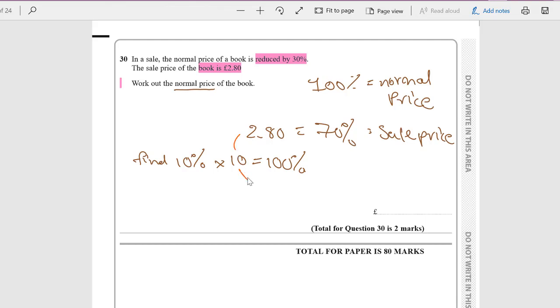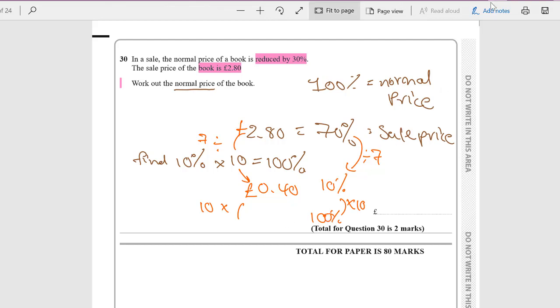So what we can do is we say £2.80. So I'm gonna divide by 7, divide by 7. So here we get 10%, and here we get 0.40, so 40 pence if you think about it in pounds. And then we want to multiply this by 10, which gives us 100%.